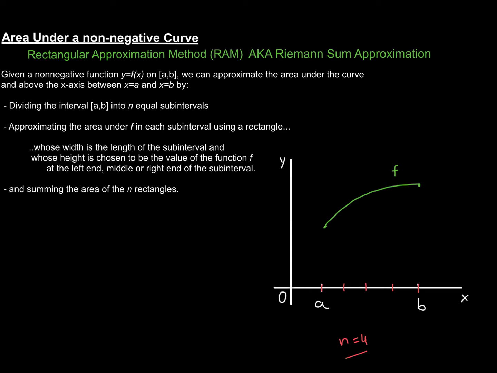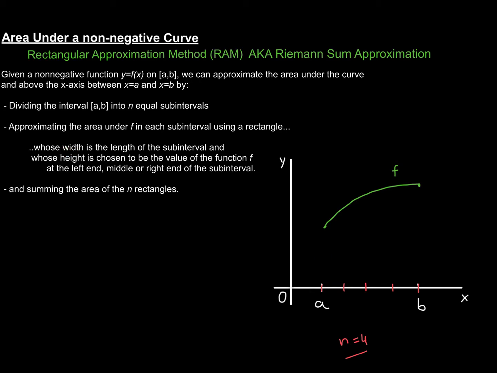Now that I have my subintervals, I'm going to approximate the area under my curve f in each subinterval using a rectangle, because it's easy to find the area of a rectangle. So for each subinterval, let's consider the first subinterval. I'm going to construct a rectangle that will approximate the area under my curve f for only this subinterval.